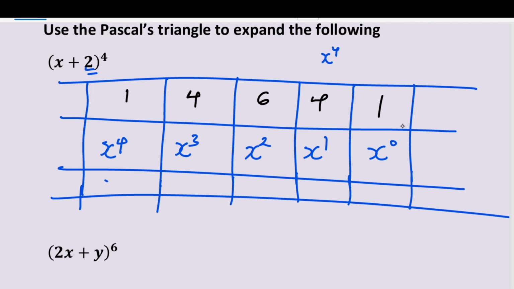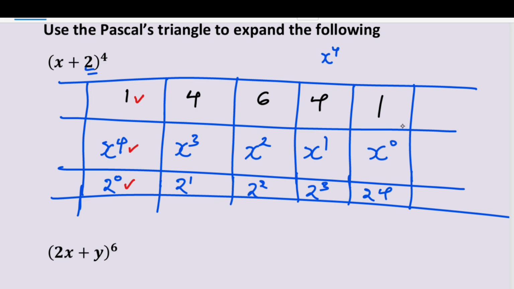So we shall start with 2 raised to power 0, 2 raised to power 1, 2 raised to power 2, and then 2 raised to power 3, and then 2 raised to power 4. From there, we multiply 1 times x raised to power 4 times 2 raised to power 0, and then we give the value.